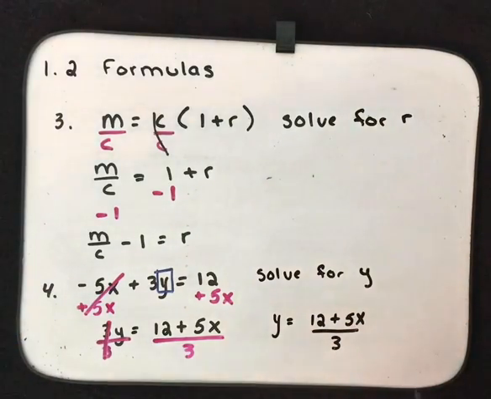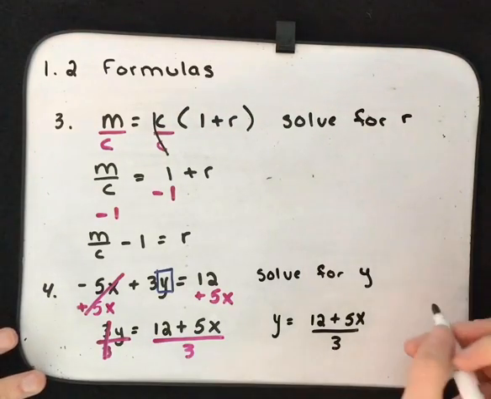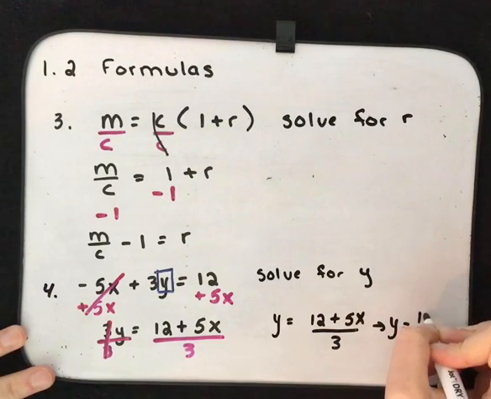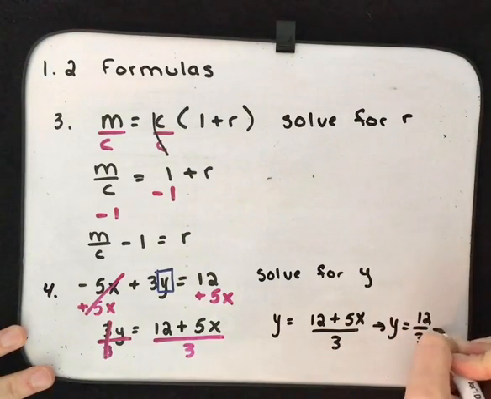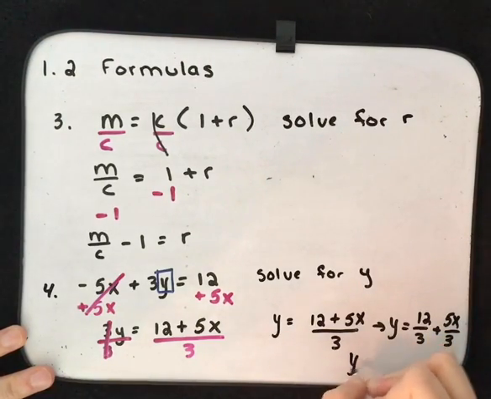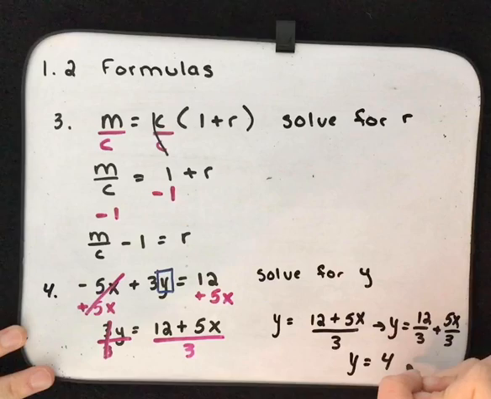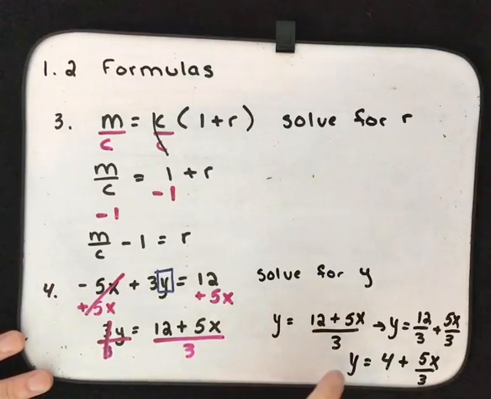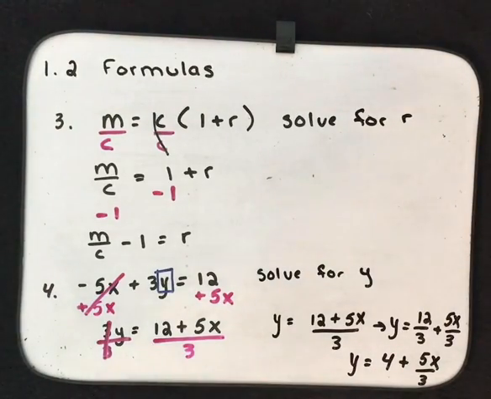Now that could be finished right there. If you wanted to, you could split this. You could say y equals 12 over 3 plus 5x over 3. And then you would be able to simplify 12 divided by 3 is 4, but you would not be able to simplify the 5x over 3. You can leave it like this, or you can leave it like this. Either one is perfectly fine.